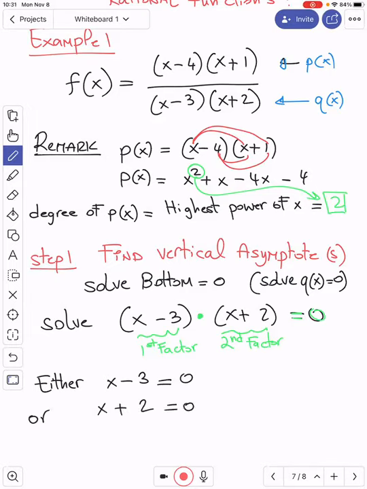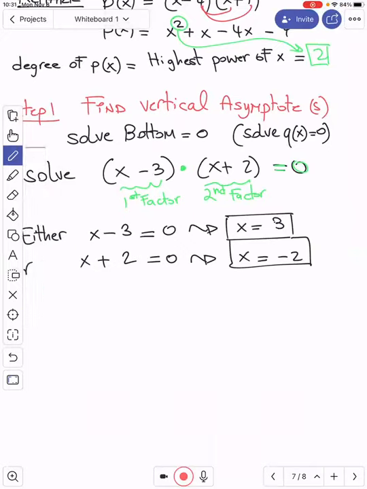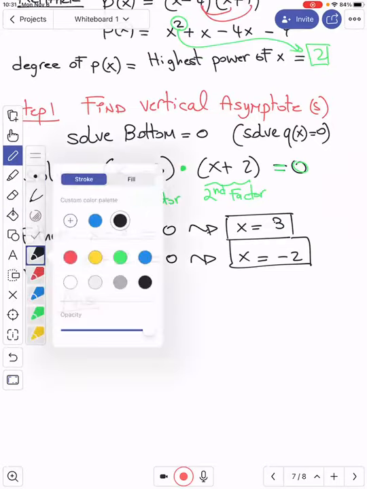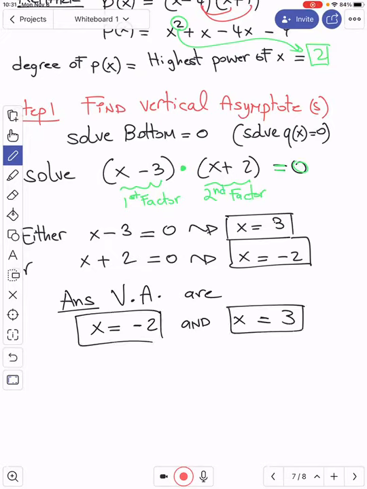If x minus 3 is 0, then x is equal to 3. If x plus 2 is 0, then x is negative 2. So we got 2 vertical asymptotes: x equal to negative 2 and x equal to positive 3.